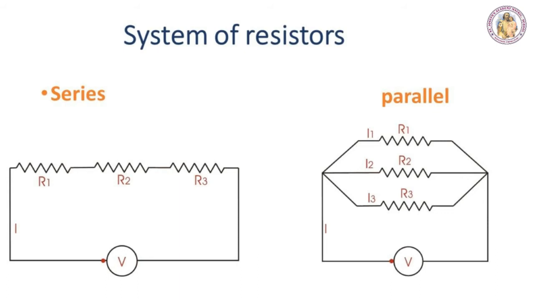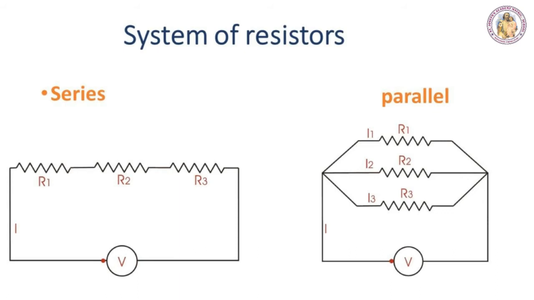This combination of resistors is known as a system of resistors or grouping of resistors. Resistors can be connected in various combinations. The two basic methods of joining resistors together are resistors connected in series and resistors connected in parallel.